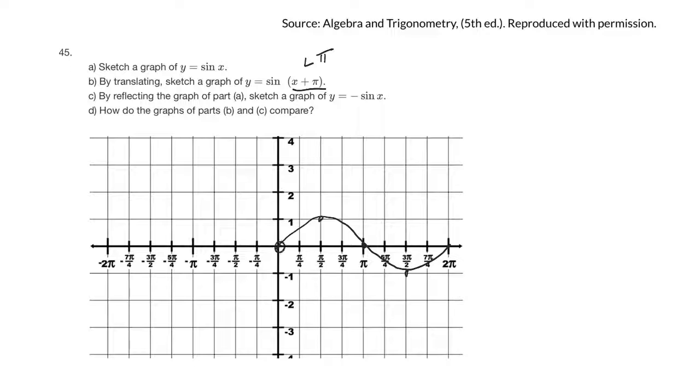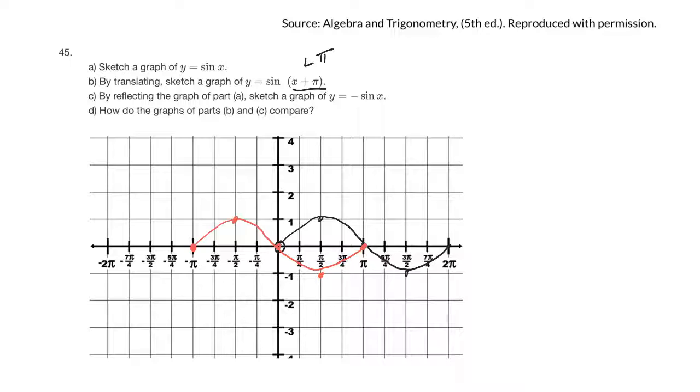So instead of starting here, I've got to start left by pi. So here's pi, so I'm starting here. I'm going to reach a top there, come down through here, reach a bottom there, and stop there. So up, down, and there. So when you look at those two graphs, the one is left of the other one by pi.